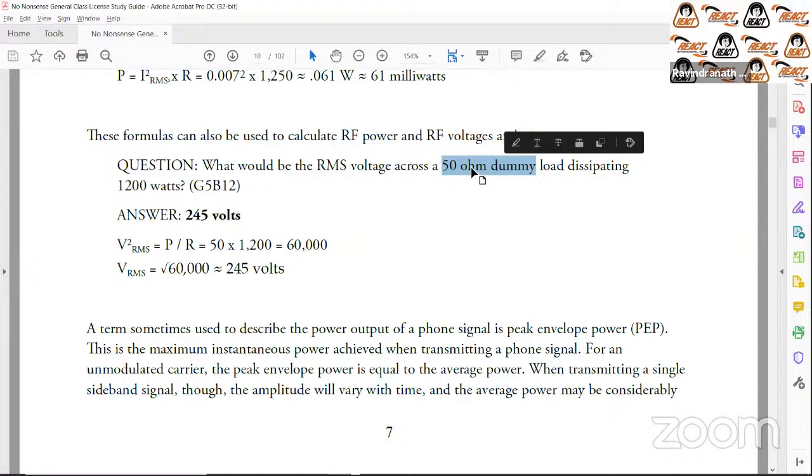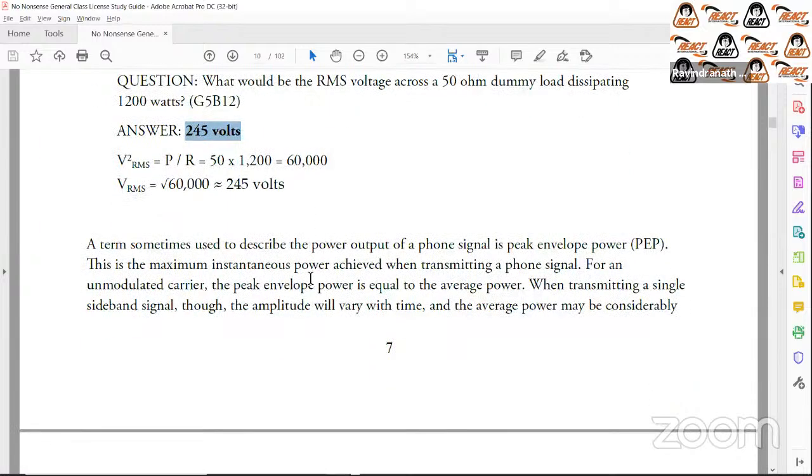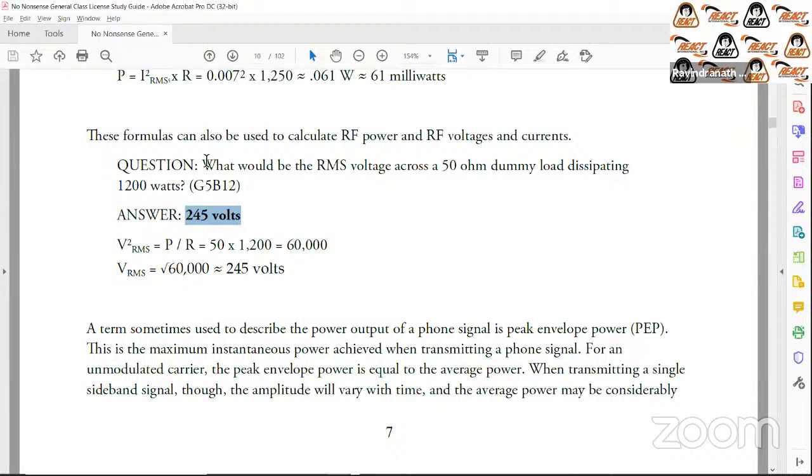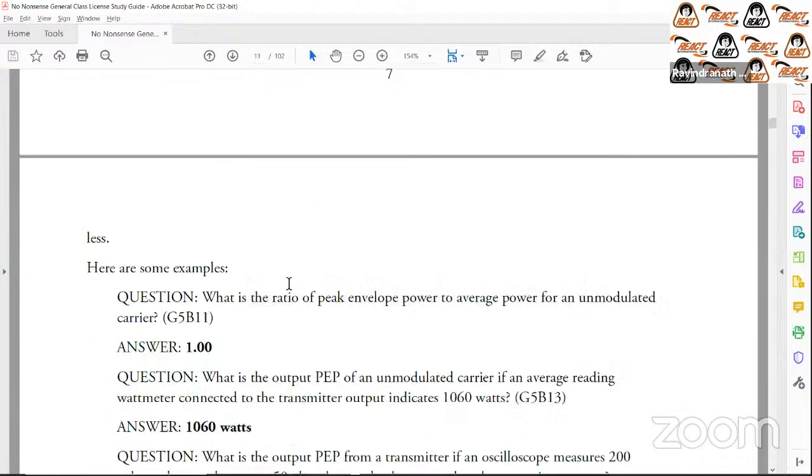And when we apply that formula and algebraically manipulate it, we plug those values in and we solve and we get 245 volts. Again, completely solved in the previous class slide deck. So if you want to know how did we get from here to here, please review the last slide, which works it out step by step, or as we say in primary school, we showed the working. All right.